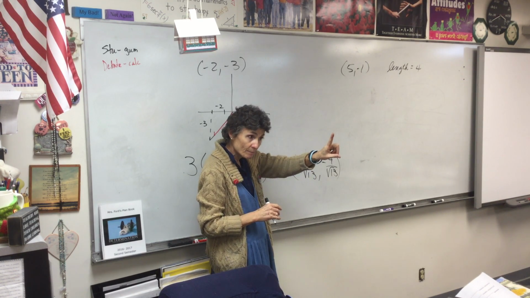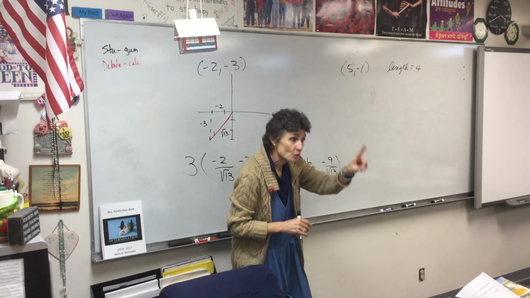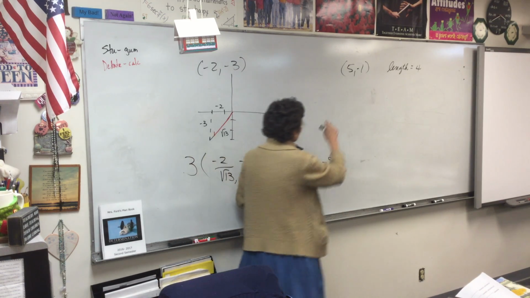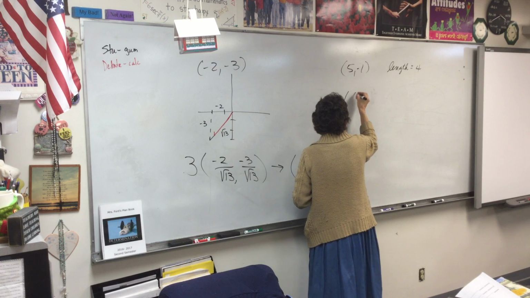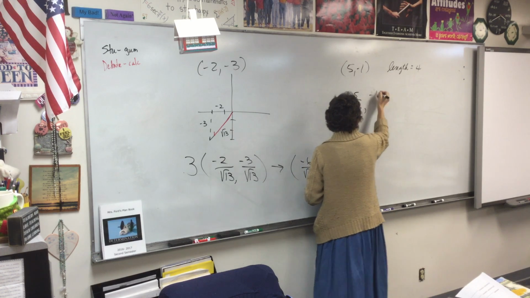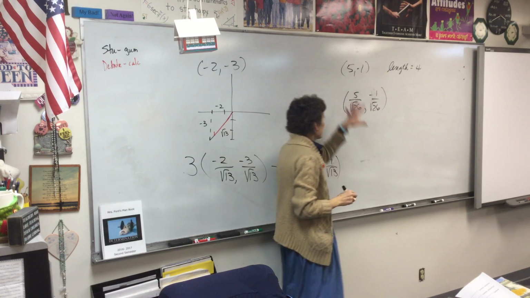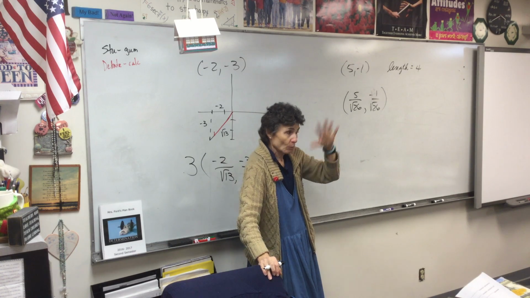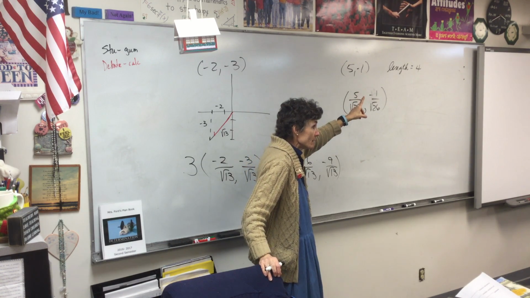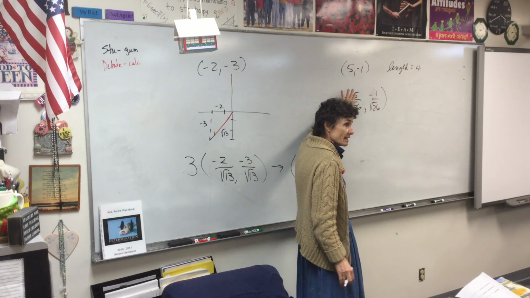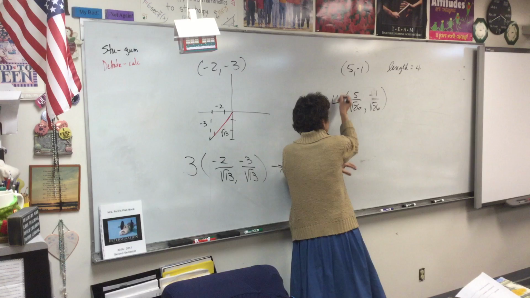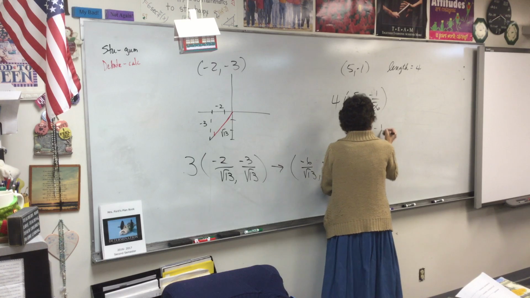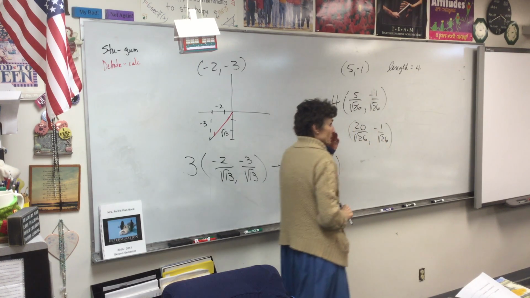First, you make it a unit vector by dividing by its magnitude. So what would the unit vector for this be? 5 over root 26, -1 over root 26. That vector has a length of 1. Now, for whatever reason, you want it to be 4. So you're simply going to take this and times it by 4. So 20 over root 26, -4 over root 26.